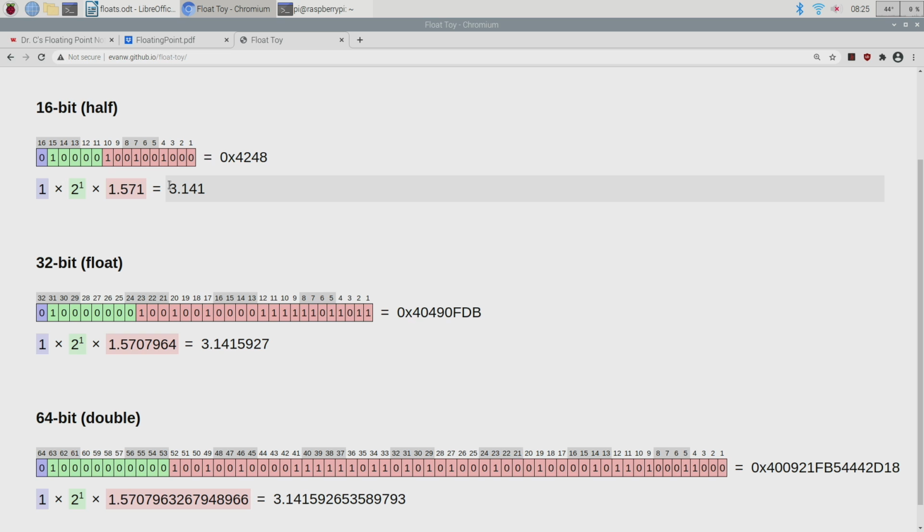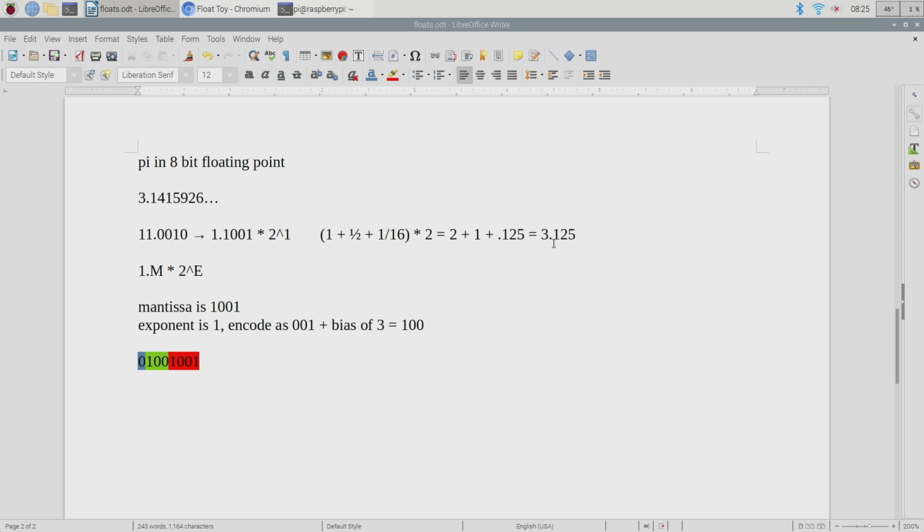That doesn't work perfectly in every instance, but we kind of get the idea. So 3.125 is the best that we can get pi with 8 bits, and I think you guys would agree that that's pretty crappy in terms of an approximation.